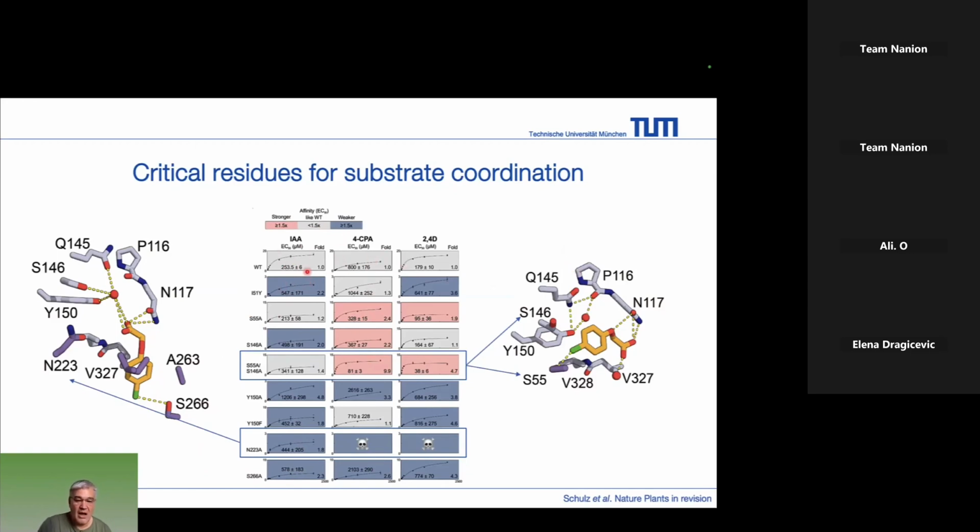We are then able to obtain mutants that transport the normal endogenous auxin as expected, but have much higher affinity for the herbicides. And on the other end of the spectrum, we now also have mutants that are virtually blind to the substrate.